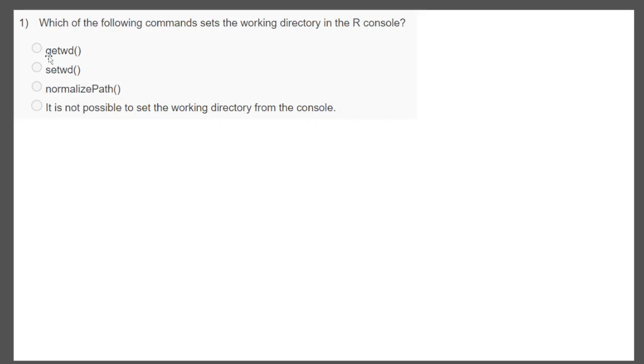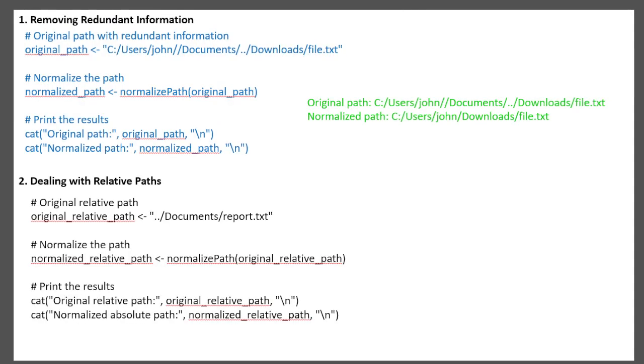In the other way, if you give set working directory, it will take whatever working directory you specify, like a complete name. For example, I will show you here. While giving the set working directory, I should give the complete path till downloads, not the file one.